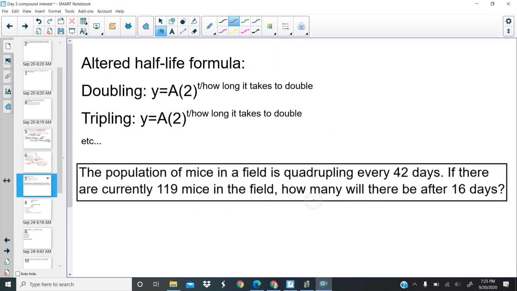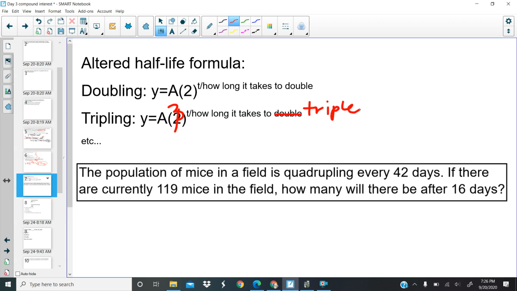So then there are some special cases where you can alter that half-life formula and use it to talk about exponential growth as well. That's only going to happen whenever you are told something is doubling, tripling, quadrupling, multiplying by 5 every certain amount of time. So in that case, instead of putting a 1/2 in the parentheses, you would just put a 2, or if it was tripling, you would put a 3, and that is supposed to say how long it takes to triple, and so on.